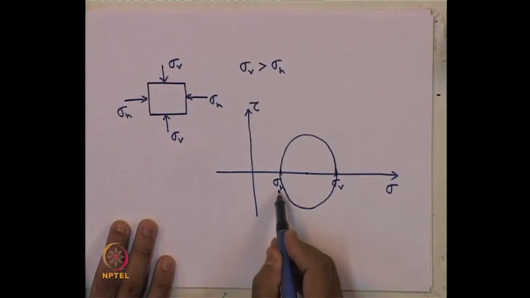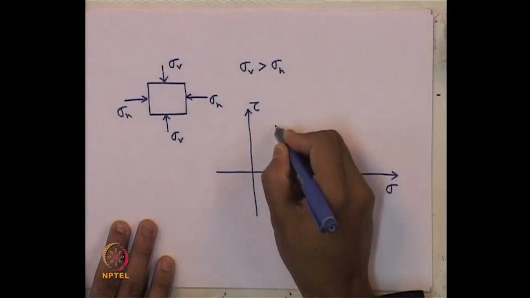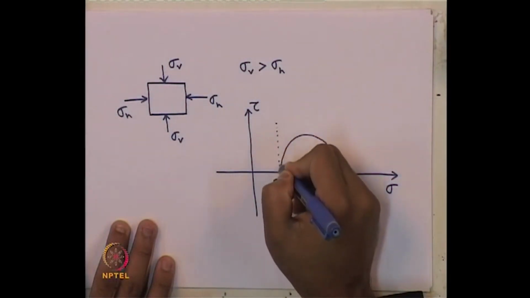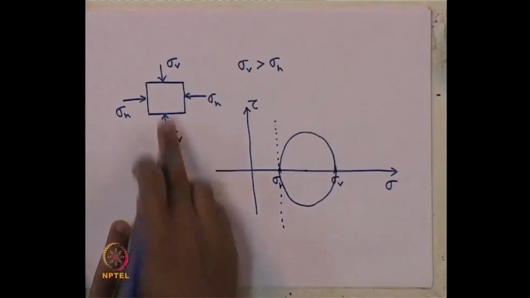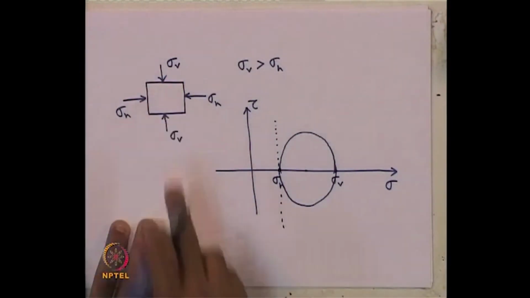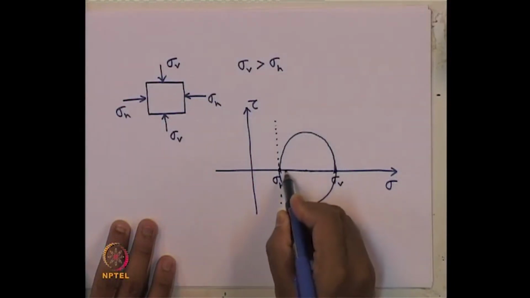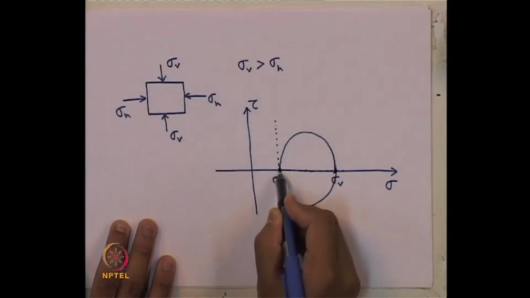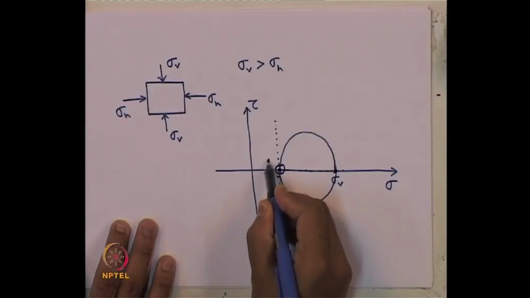So, sigma h is acting on a vertical plane. Let us draw a vertical plane for sigma h, and sigma v is acting on a horizontal plane. So, sigma v is acting on the horizontal plane. Where these two planes meet each other, that junction point is nothing but the pole of Mohr circle.